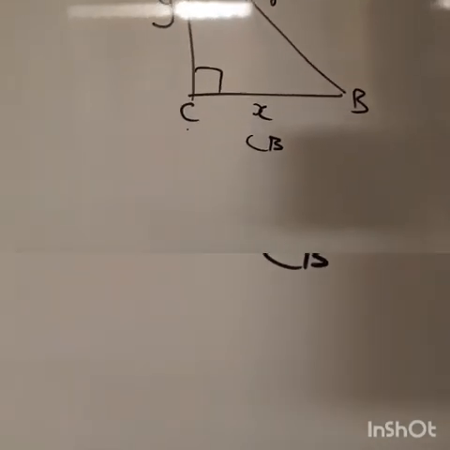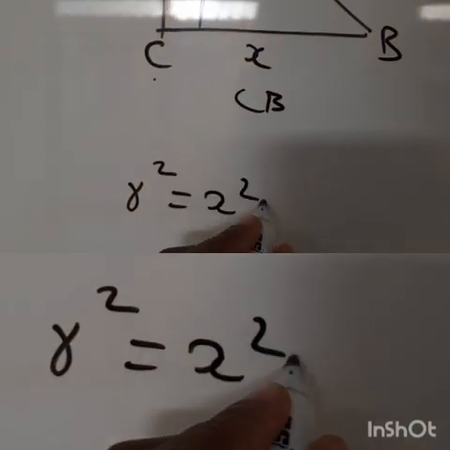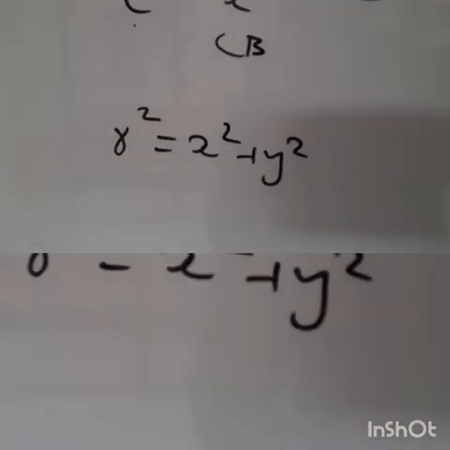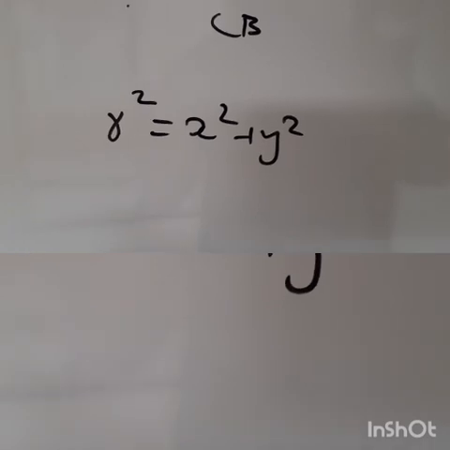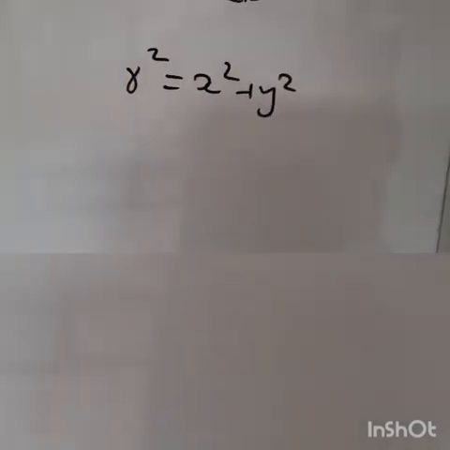Now looking at the Pythagoras theorem, R squared equals X squared plus Y squared. You'd notice that I can actually substitute my lines there.